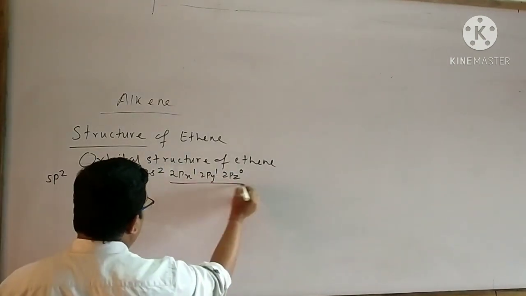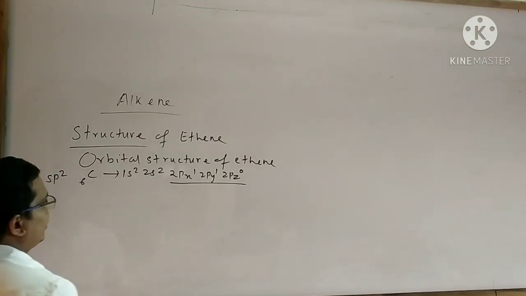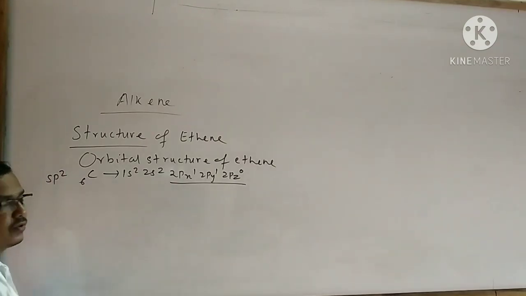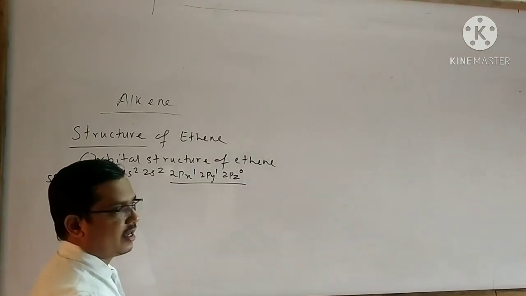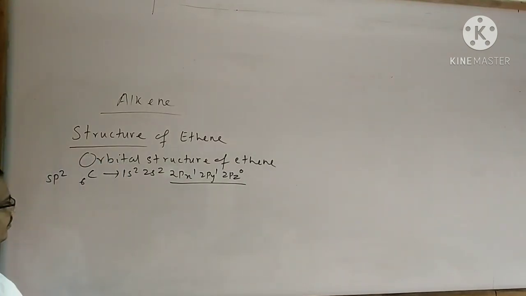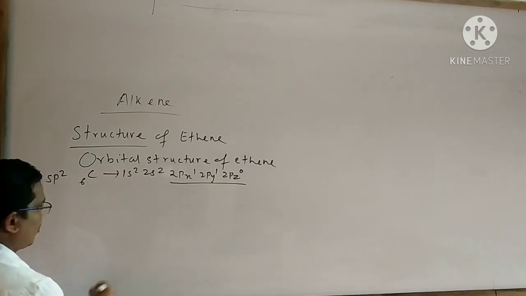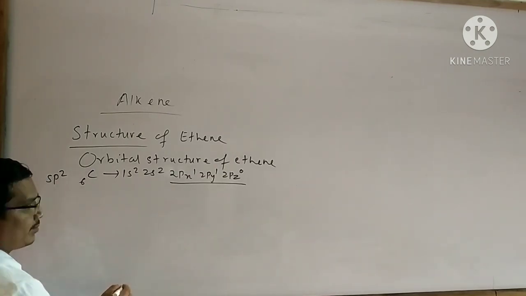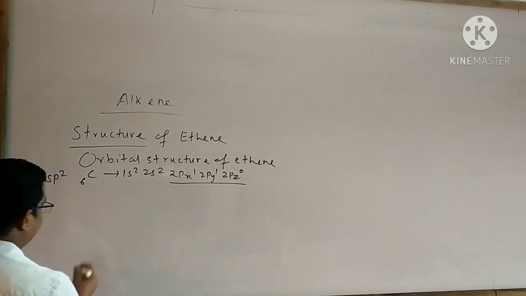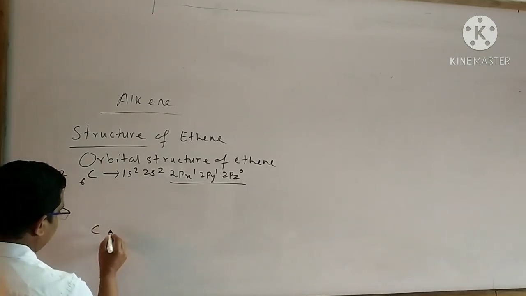Among the 3 p orbitals, 2 p orbitals are used for sp2 hybridization. Another p orbital remains unhybridized. If I want to draw the diagram of an sp2 hybridized carbon, I can draw like this.